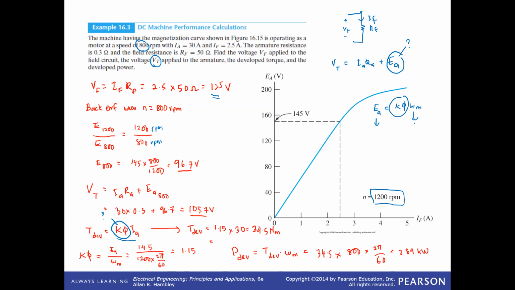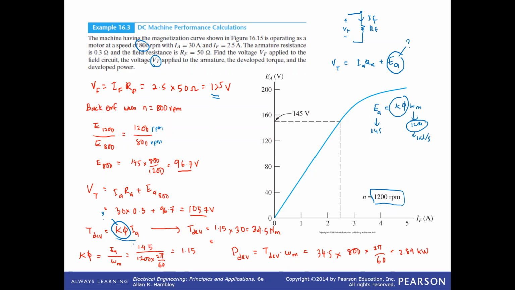So I think we can use the speed of 1200 RPM, where EA is 145. You can also use the speed of 800 RPM, but for this example, I use 1200 RPM. But you need to change it into radian per second, so you multiply with 2 pi over 60.